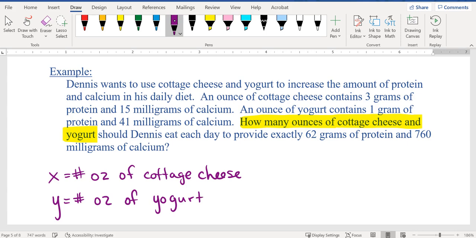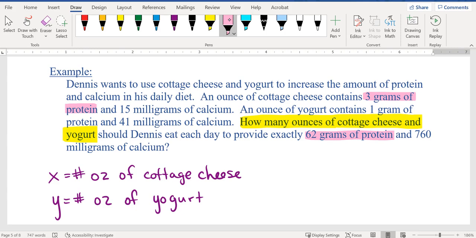Okay, how many ounces of each should he eat to provide exactly, I'm going to use a different color, 62 grams of protein. So let's go after protein. An ounce of cottage cheese contains 3 grams of protein.